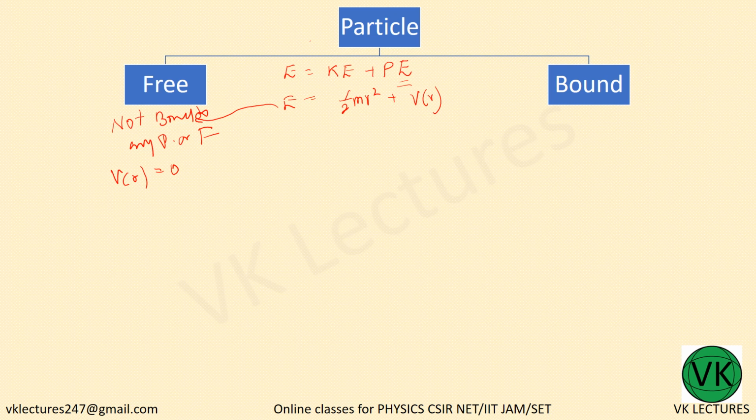So energy is nothing but half mv square, or in terms of momentum, p square divided by 2m. And here v can have any value, starting from 0 to infinity, any value is possible. That means for a free particle you have continuous energies.